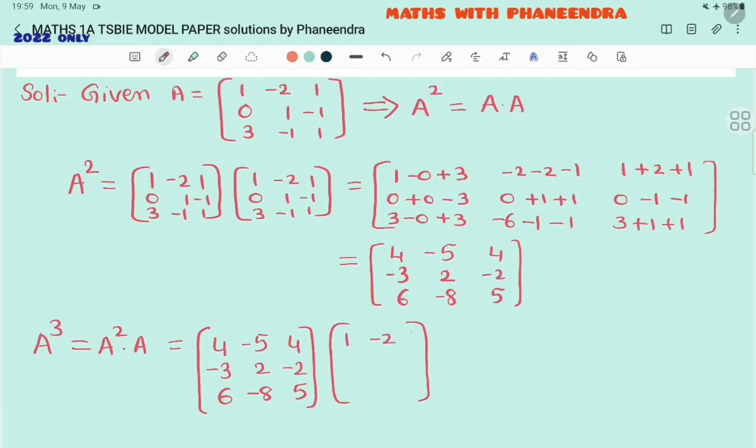[1 -2 1; 0 1 -1; 3 -1 1], which is equal to, now actual multiplication directly: 4 plus 0 plus 12. Next 4 into -2, -8, -5, -4. 4 into 1, minus into minus plus 5, plus 4.